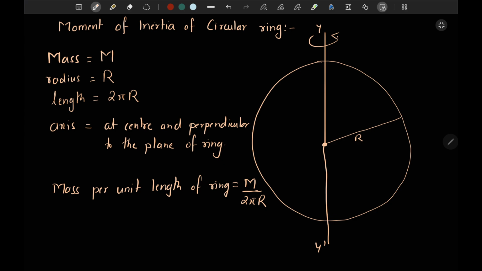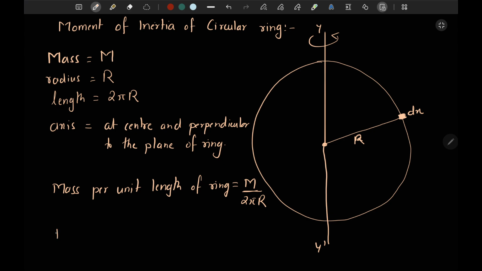And now to calculate the moment of inertia of this circular ring, we will consider a small element, a small portion, a small length of the ring dx, and this element is at a distance r from the axis, from the center.